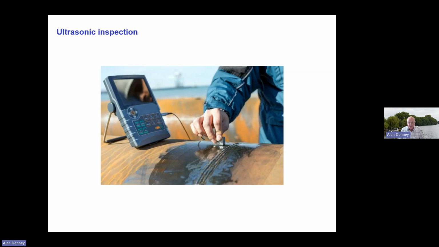You can see that the surface has been cleaned adjacent to the weld, and you can also see it's wet. What it's wet with is sometimes water, but more likely a gel of some sort, and that provides the vital function of being a couplant between the probe and the workpiece, giving a continuous path for the ultrasound.